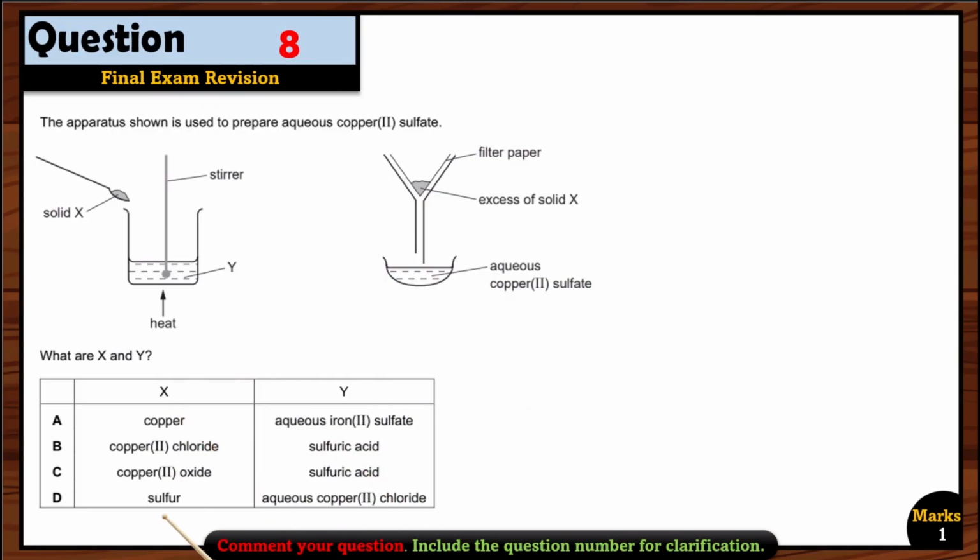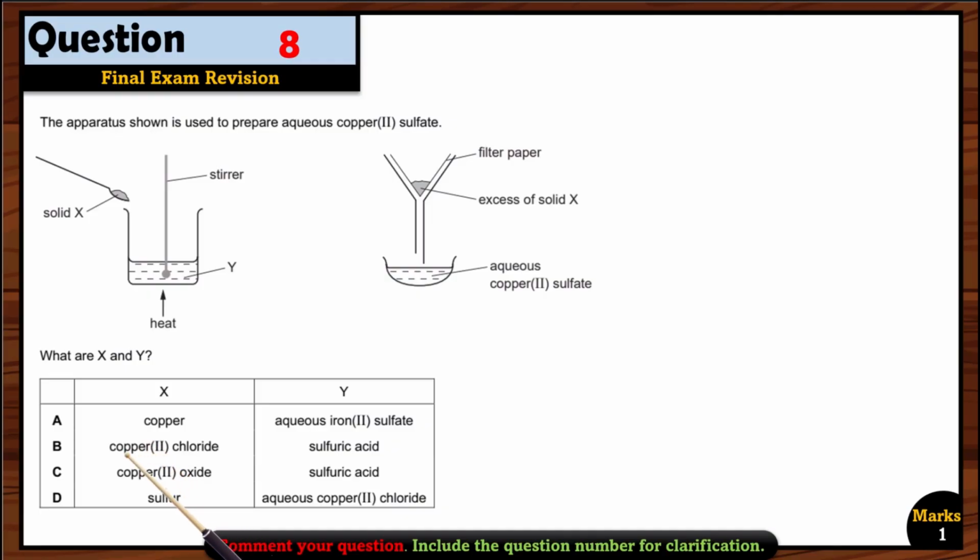Now we are just left with three options. Sulfur cannot be the option over here because we already have sulfuric acid as one of the reactants. So this should not be the sulfur one. Now we are left with B and C, copper chloride or copper oxide. All chlorides are soluble, except for silver chloride and lead chloride.